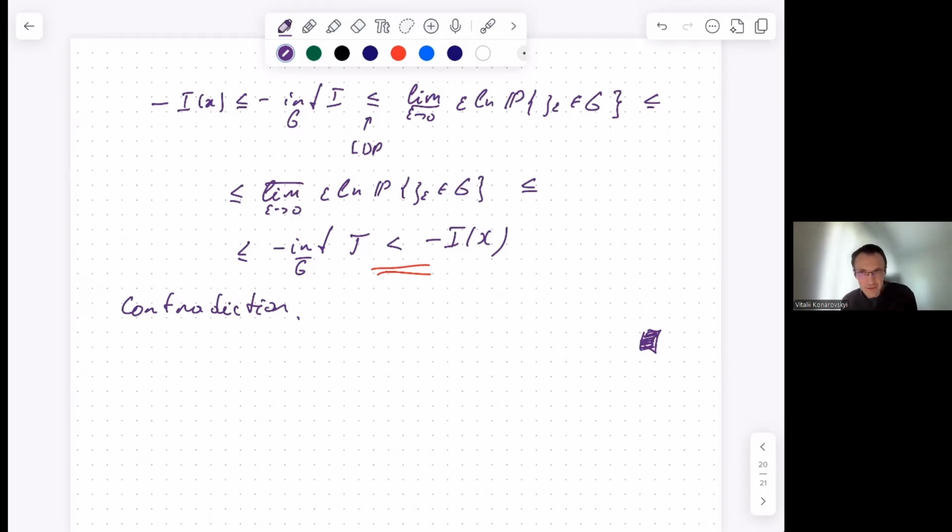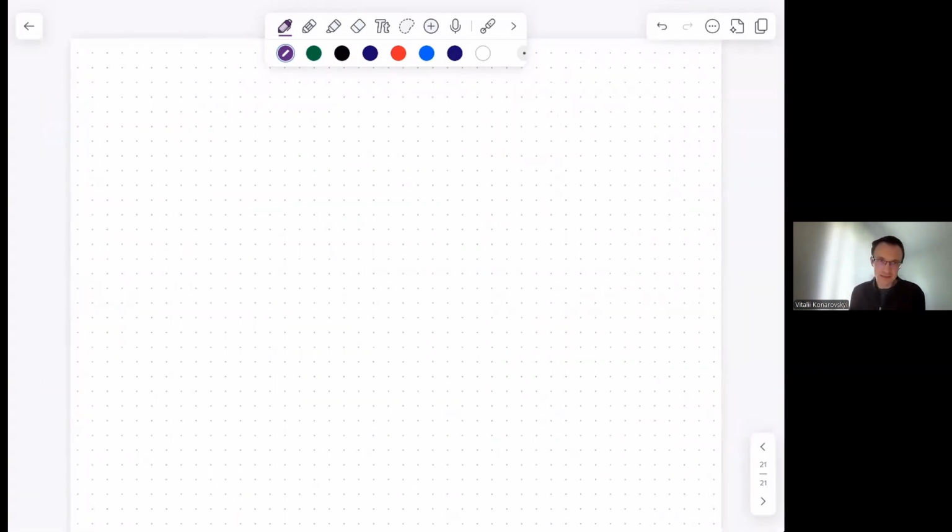But sometimes you can also expect that your function is even better than lower semi-continuous. Let me finish this lecture with one definition that is called goodness, which means that the function is good.